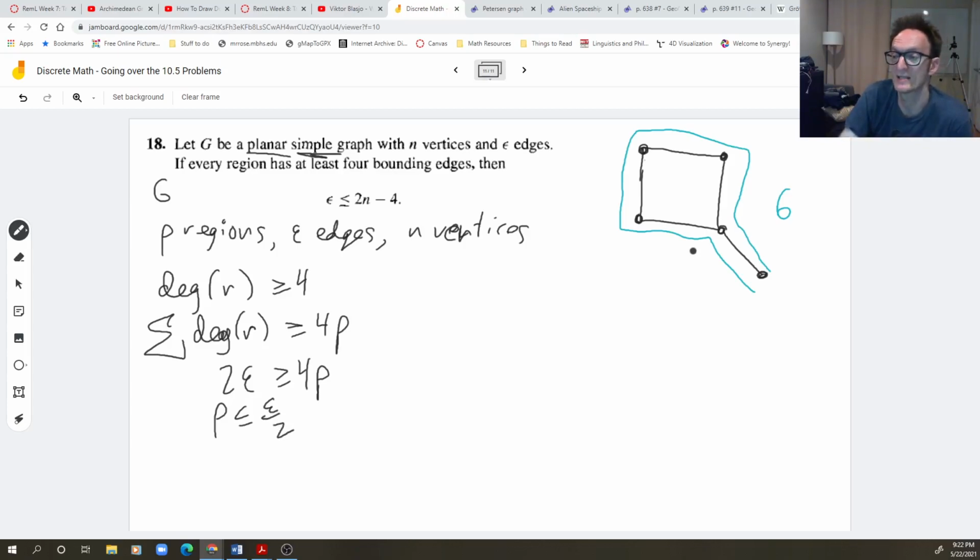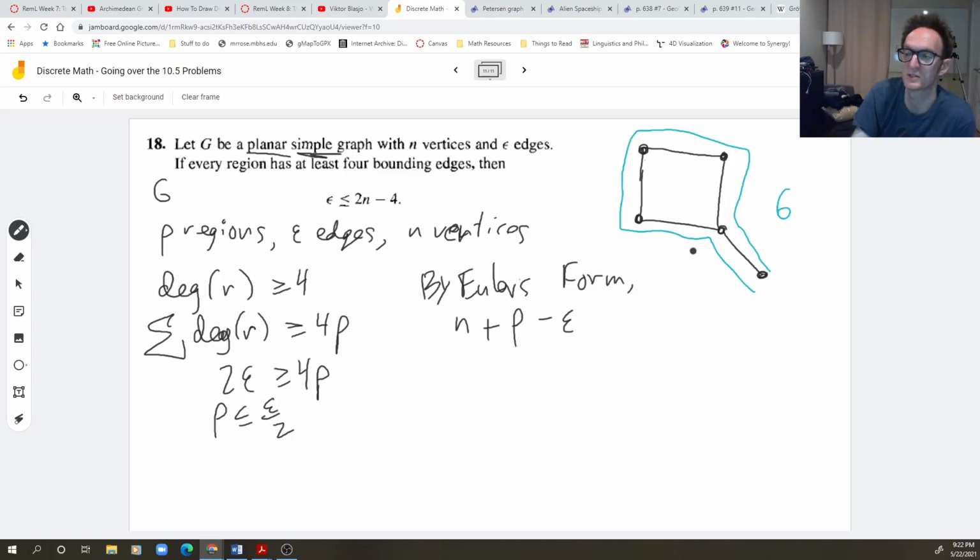And now I say, by Euler's formula, which I hope I'm allowed to use here, the number of vertices plus the number of regions minus the number of edges has to be equal to 2 exactly. And if that's the case, what does that mean?